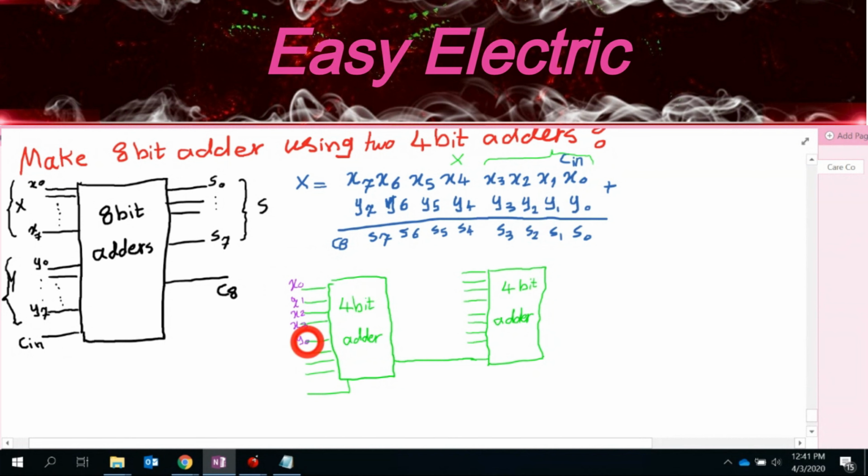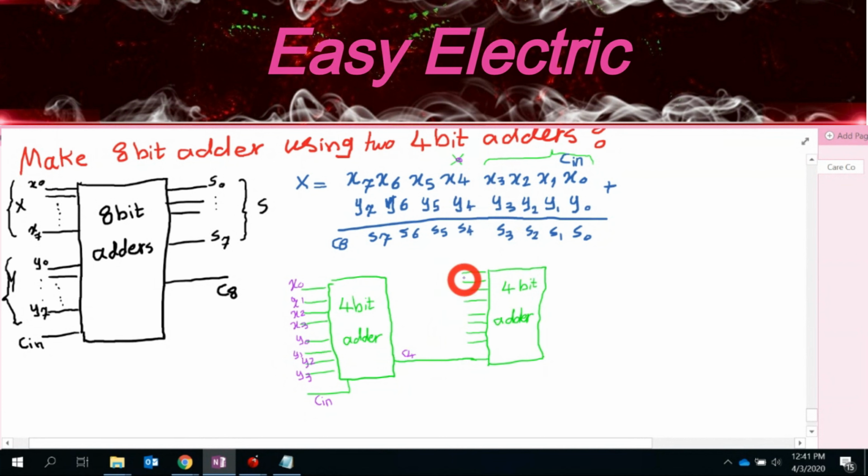So the next should be y0, y1, y2, y3 plus C in, which is no problem, okay? So if you call this C4, whenever you add these three, you got the carry. But in reality, if this is 8-bit, its carry should become here. So that means it should be C in for the next 4-bit adder. That's the reason I actually connect this C4 to C in of the second 4-bit adder, okay?